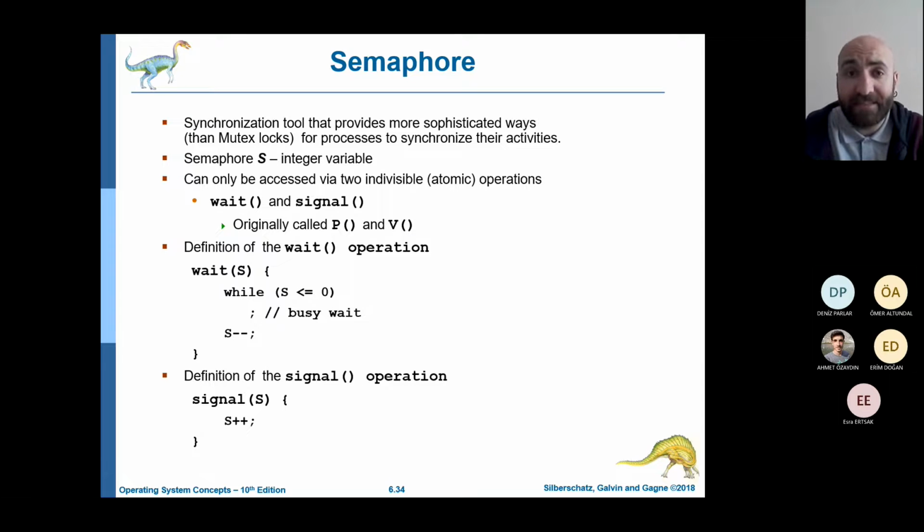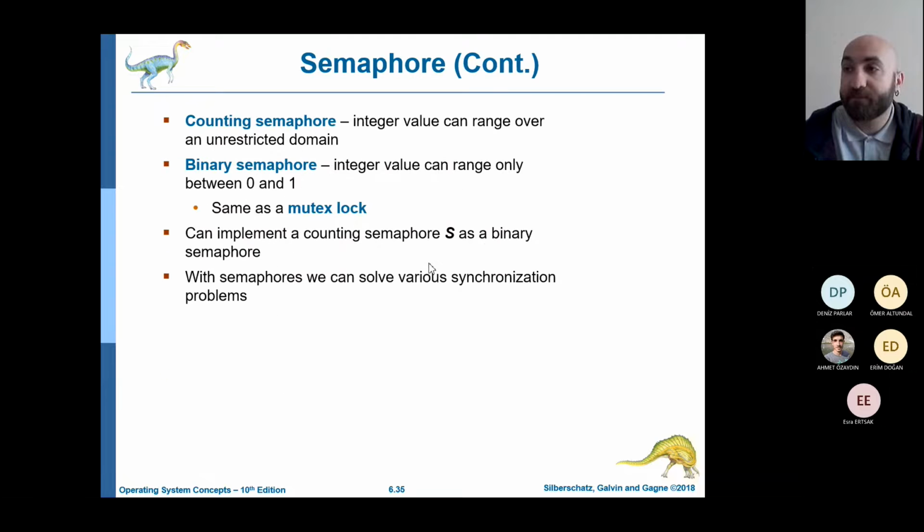In addition, in the case of wait(S), the testing of the integer value of S, as well as its possible modification S--, must be executed without any interruption. Because I'm going to check the value and then I'm going to decrease the value. So this operation must be executed without any interruption. We shall see how these operations can be implemented, but first let's see how semaphores can be used.